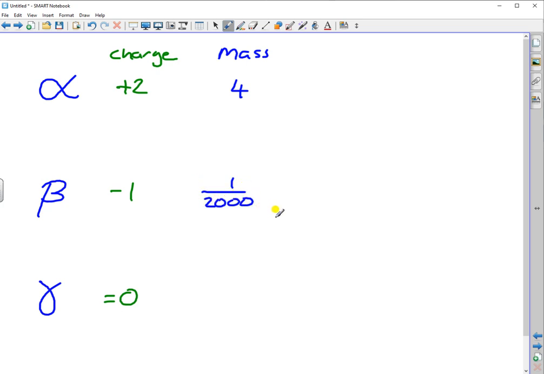So it's very, very small. And obviously, the mass of the gamma radiation is 0. All right, so we can see that one's got a massive charge, one's got a smaller charge, and this has got nothing, and this has got no mass. The mass of this is tiny, absolutely tiny, but the electron does have a mass. So these are the basic properties.